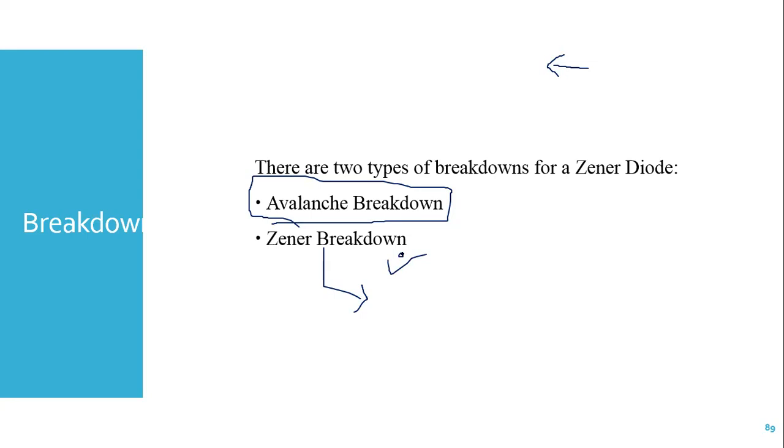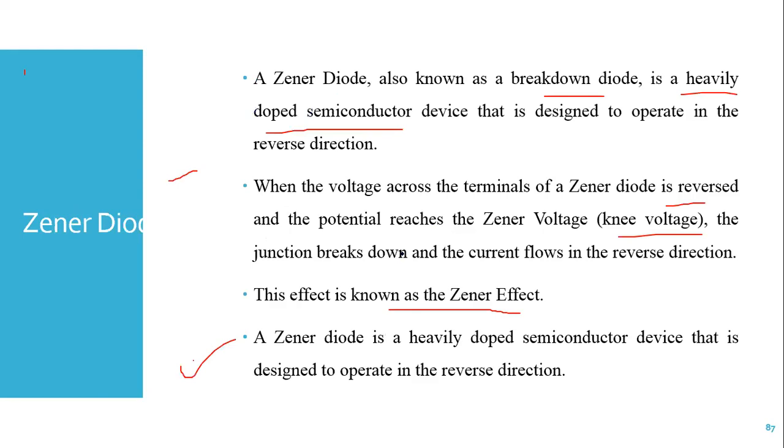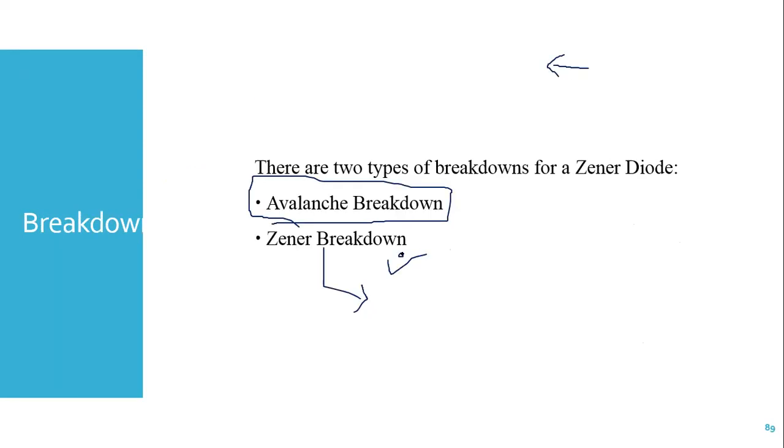So let me tell you. Current flow up to the Zener voltage depends totally on electric field intensity, but not on collision. Electrons are freed due to high field intensity, but it is not like one electron comes with huge kinetic energy and collides with another electron and then more and more electrons are produced.